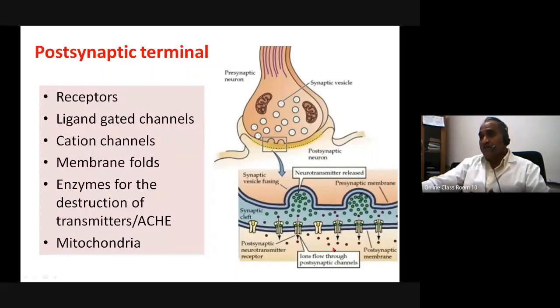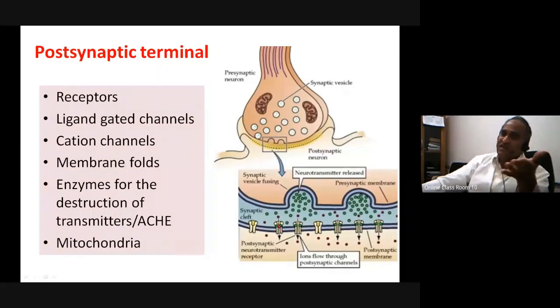That brings about changes in the electrical activity on the postsynaptic membrane. So that's what it is doing. Now we have the receptors, we have the ligand-gated ion channels, because I have not shown the ion channels here.